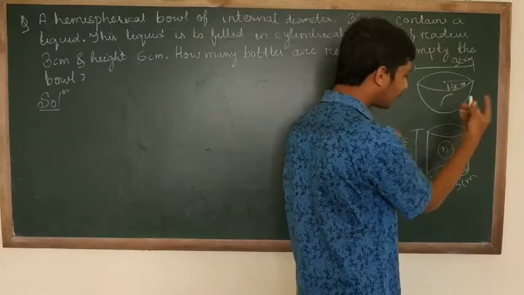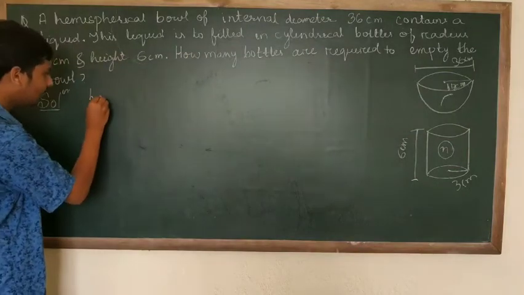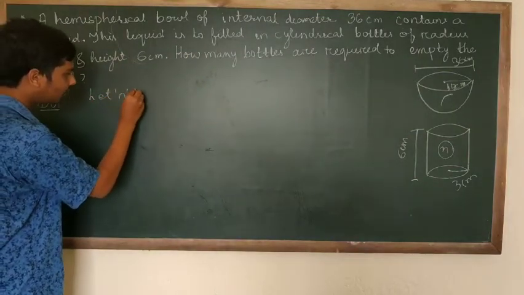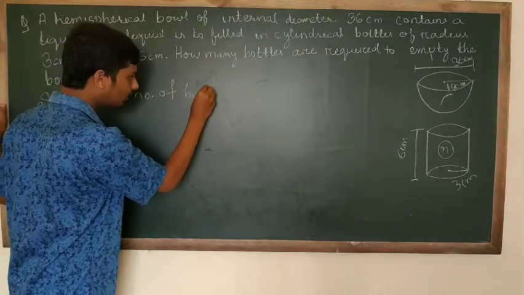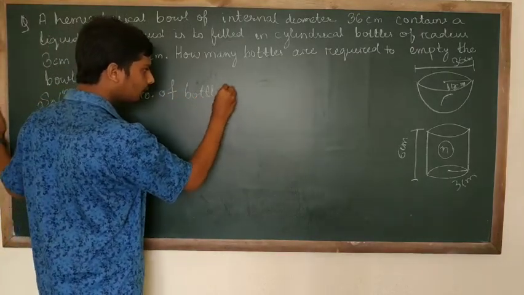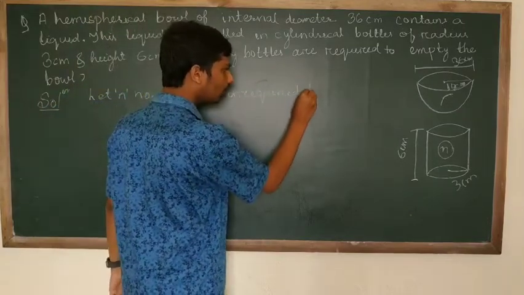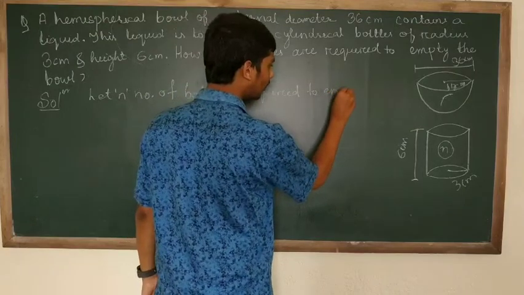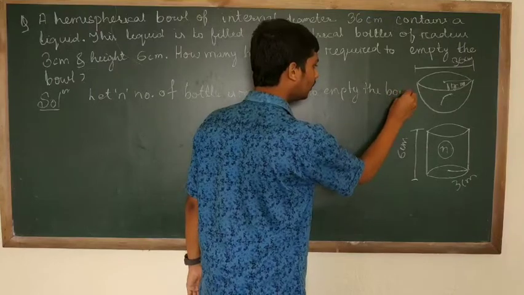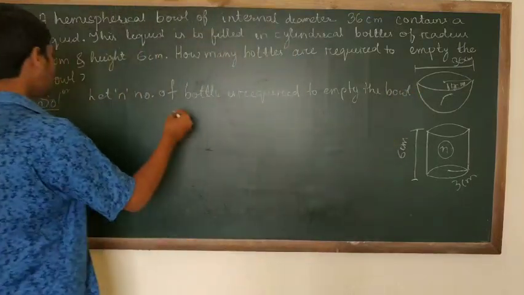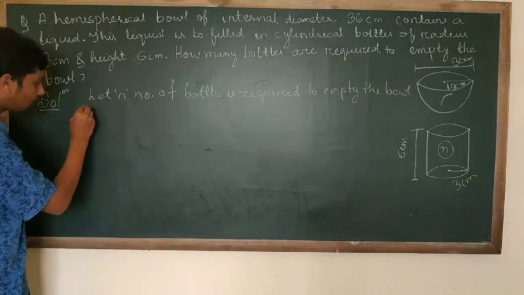So let n number of bottles be required to empty the bowl. Okay, so let's find the volume of that hemispherical bowl.